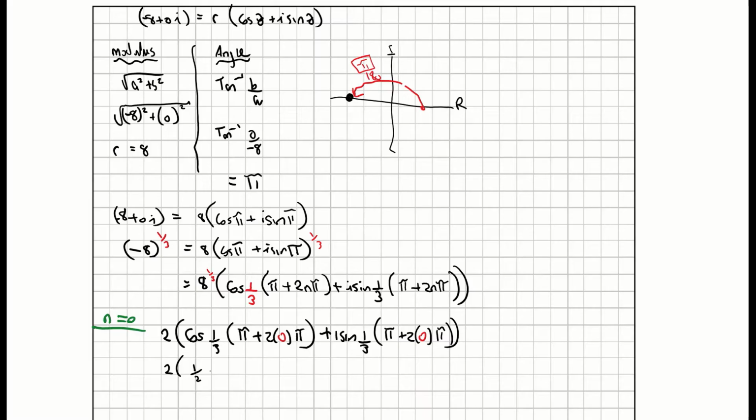Just make sure your calculator is in radians, plus i times square root of 3 over 2. Multiplying in my 2, so 2 multiplied by half is 1, and 2 multiplied by root 3 over 2 is just root 3i. So there's my first complex number.